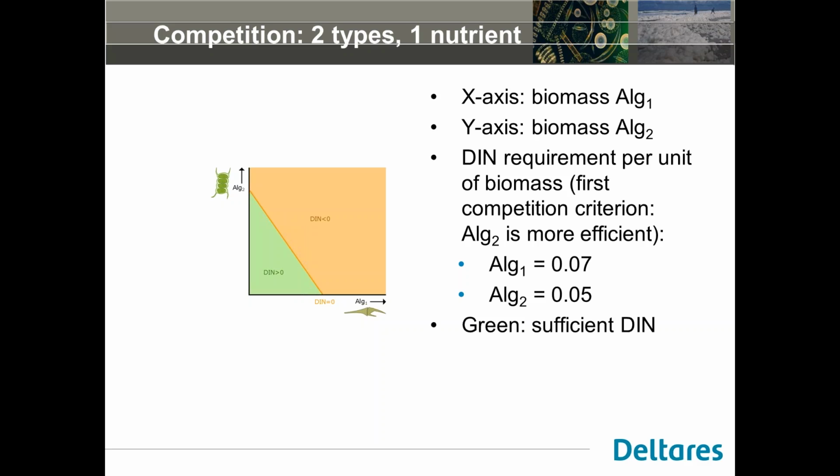So inside the green area over here, this reflects all the possible combinations of algae 1 and 2 where there is a sufficient amount of nitrogen.